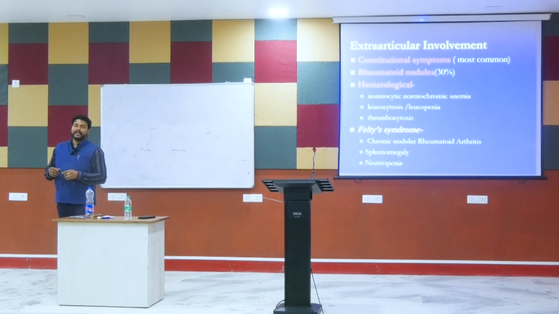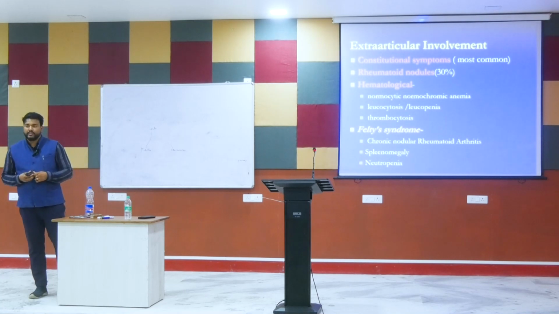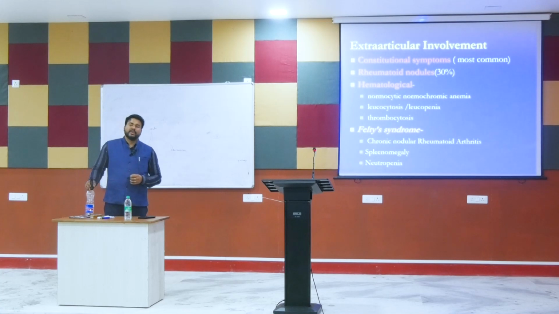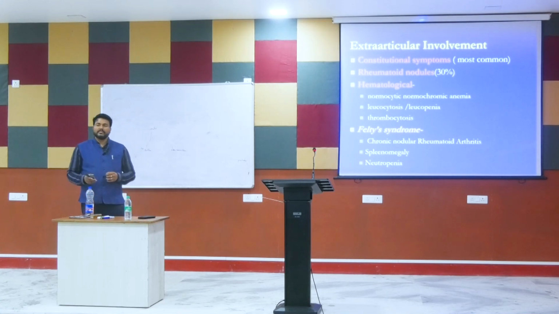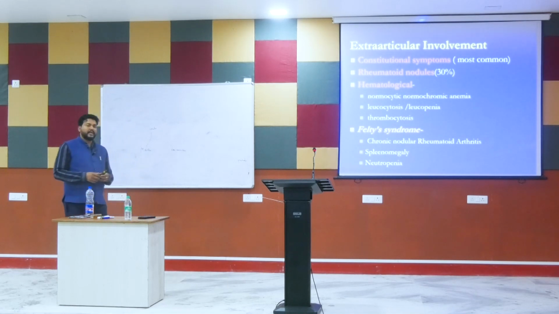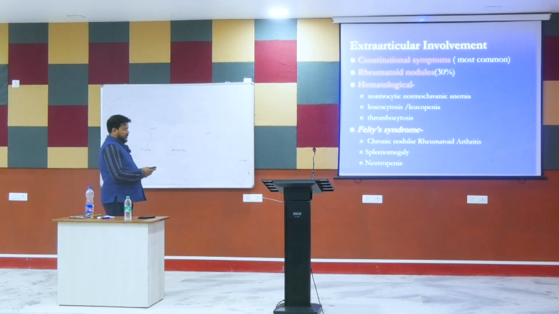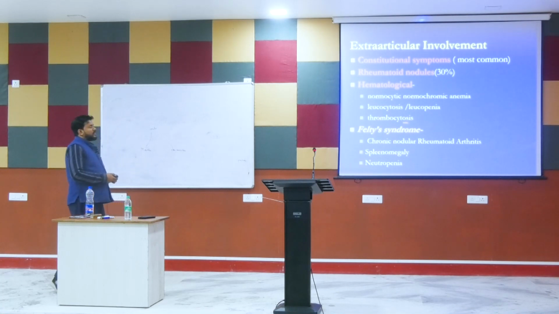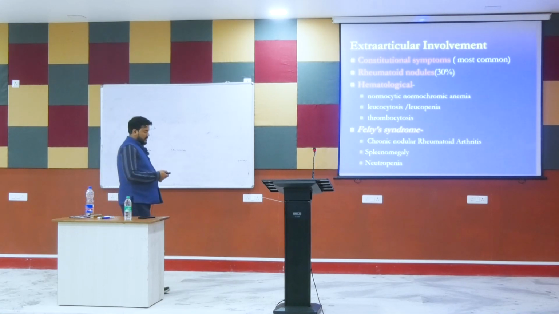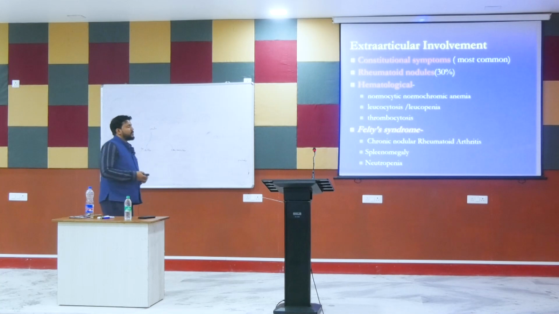What is the normal value of platelets in your blood? 1.5 to 4 lakhs per cubic millimeter of blood. So there is commonly thrombocytosis, increased platelet count. In some patients there will be thrombocytopenia also, but thrombocytosis is more common.